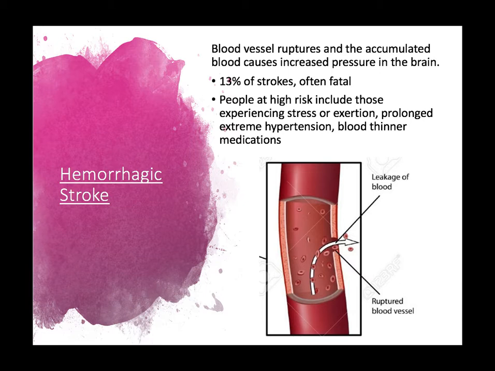Like I'm talking that their blood pressure is always over like 200 over 150, all right? Also, something else that can attribute to hemorrhagic strokes is patients that take blood thinner medications, okay?